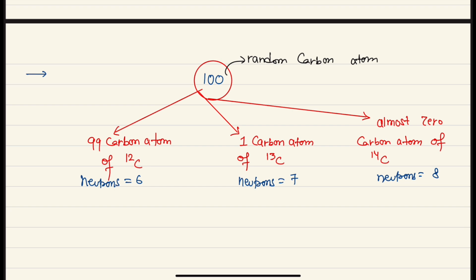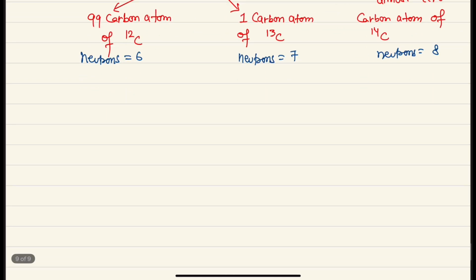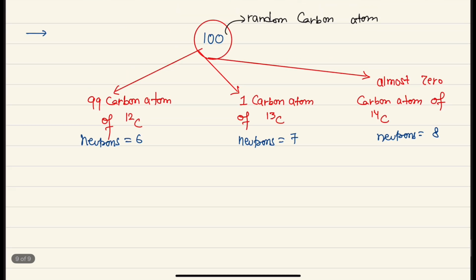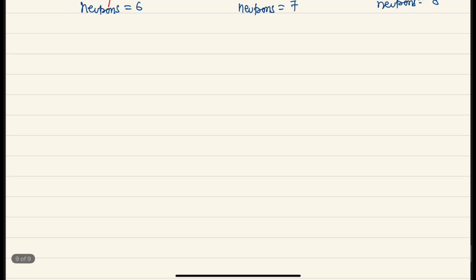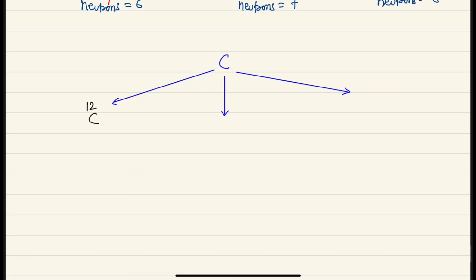Okay, now see, now do the maths, simple math. Suppose you have carbon. There is a possibility of three versions of carbon. One is C12, one is 13C, one is 14C, right?